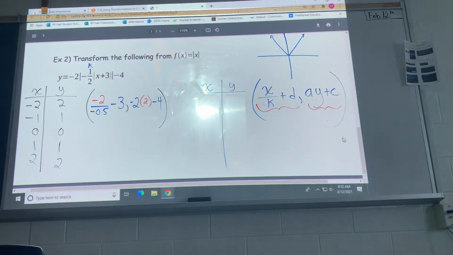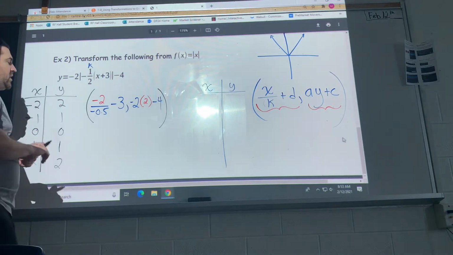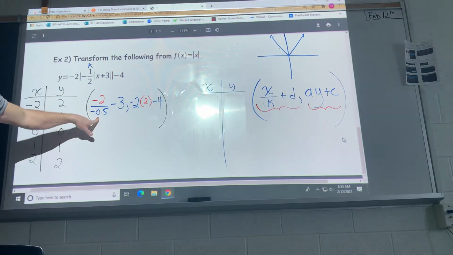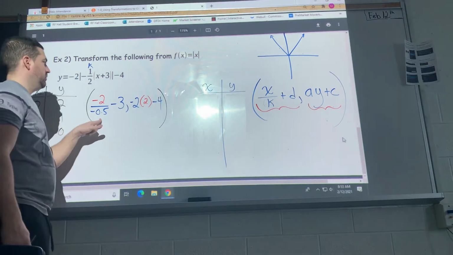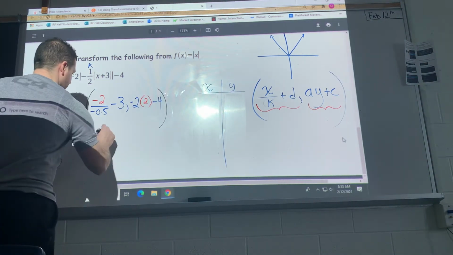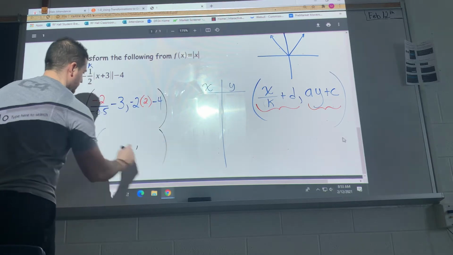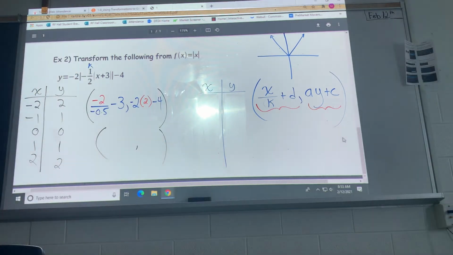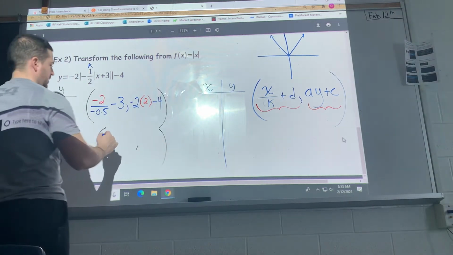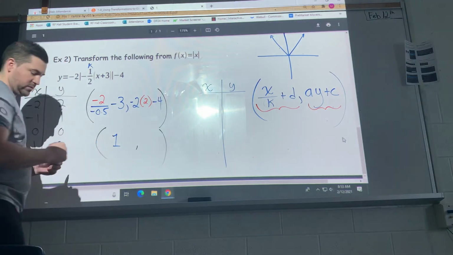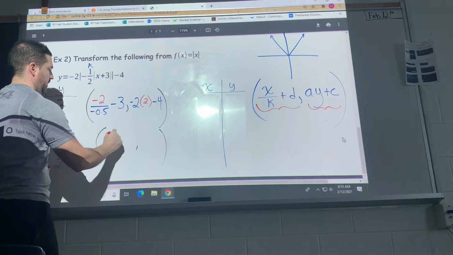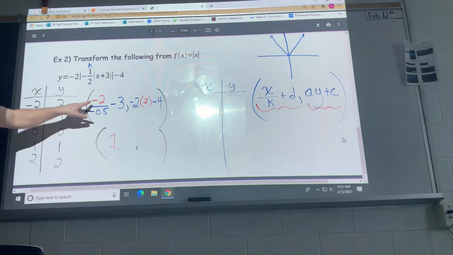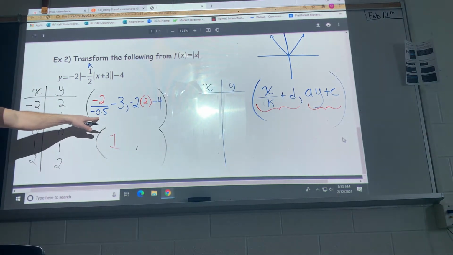Okay, I'm going to do the first one, and I want you guys to do the rest. -2 divided by -0.5 is +4. +4 minus 3 is +1. So again, -2 divided by -1/2.